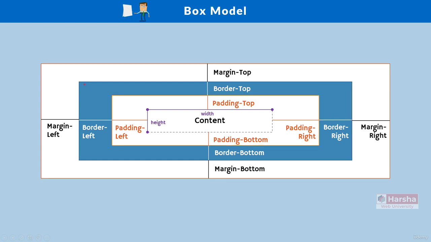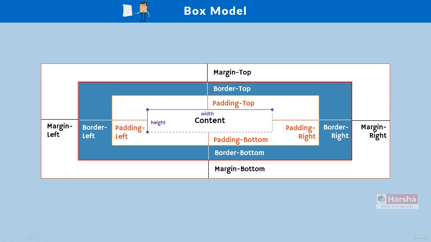And this particular box is called the border box, which includes border, padding, as well as the content, inclusive of all. For example, if you want to display the background color for the entire element, including content, padding, and border, then we have to specify border-box in the property called background-clip.